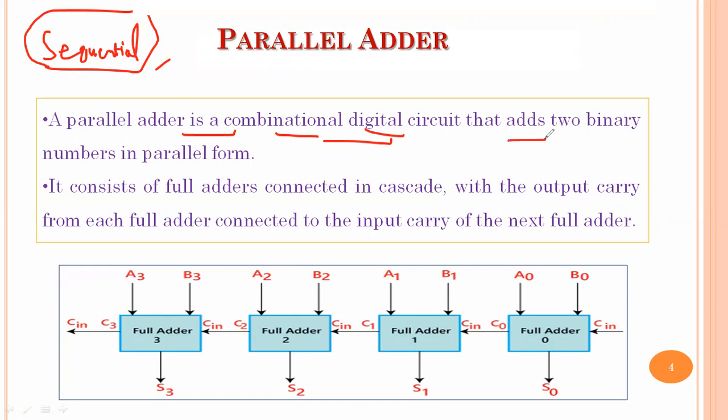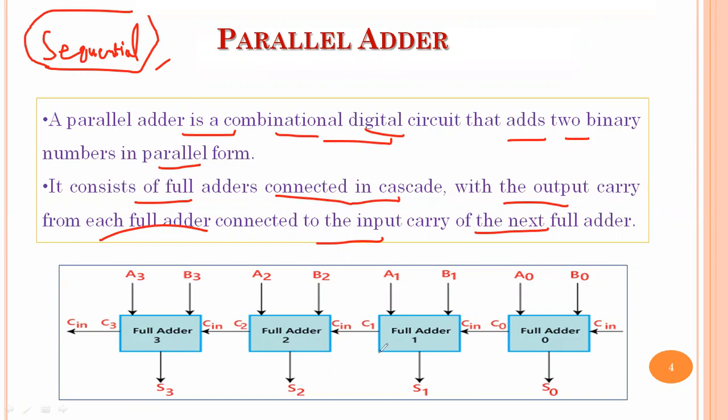So a parallel adder is a combinational digital circuit that adds two binary numbers in parallel form. It consists of full adders connected in cascade. Cascade means connected with each other, like in the diagram, with the output carry from each full adder connected to the input carry of the next full adder. These are the full adders 0 to n.